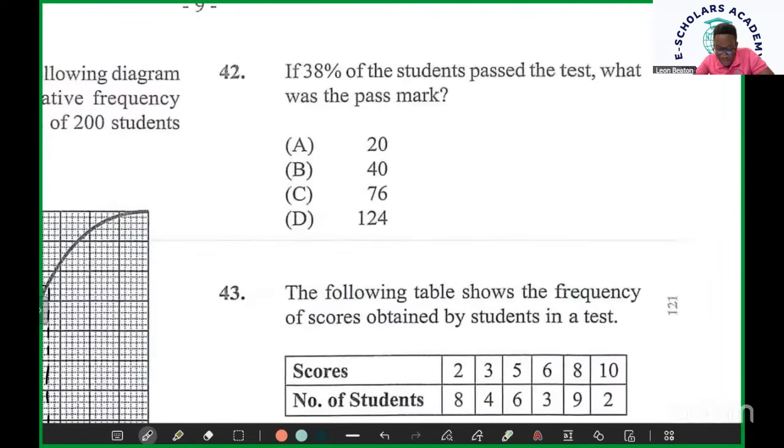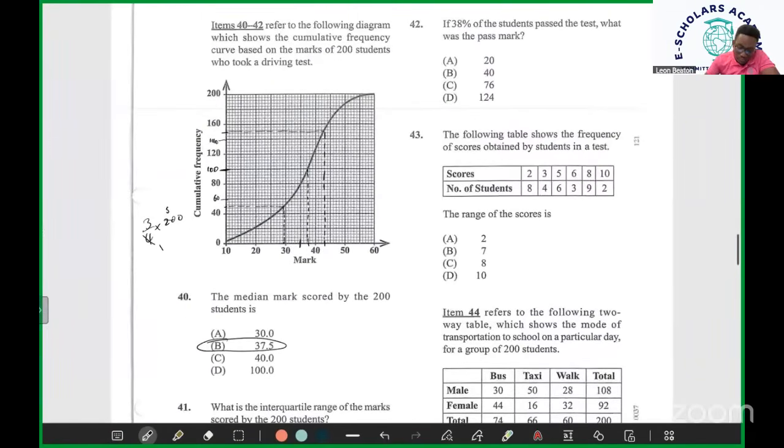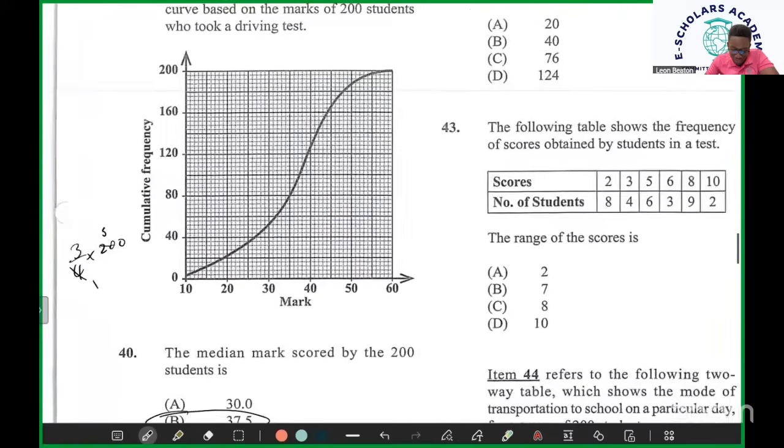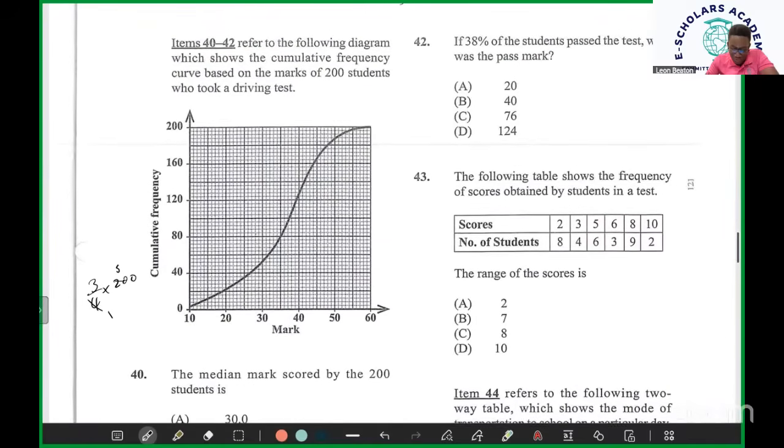If 38% of students pass the test, what was the pass mark? So 38% of students pass the test. What was the pass mark? 38% is 38 out of 100.